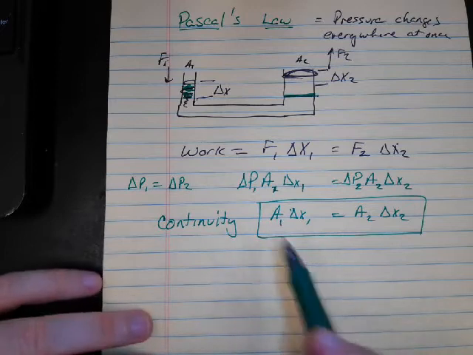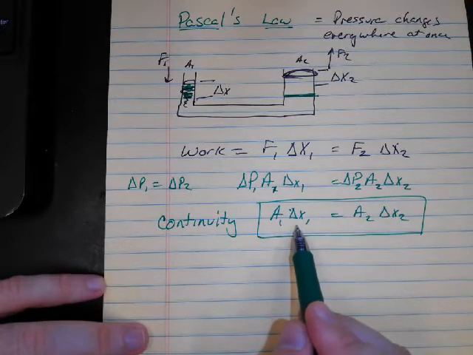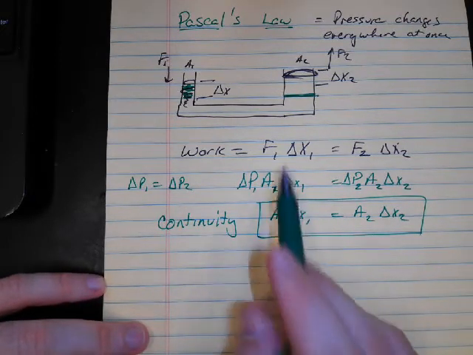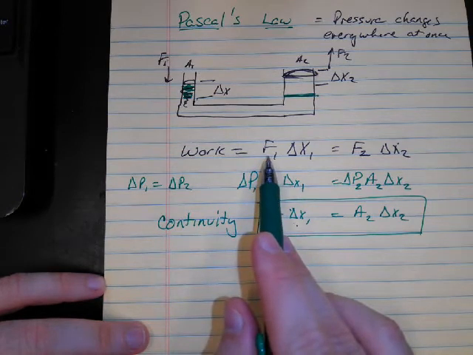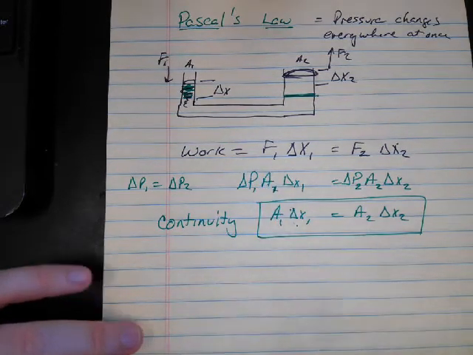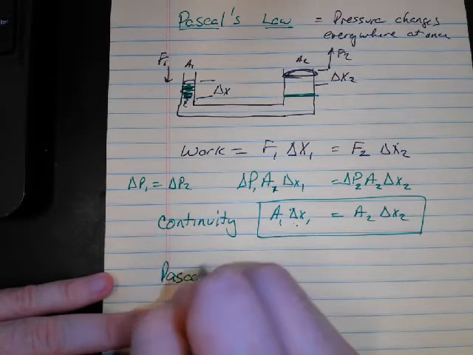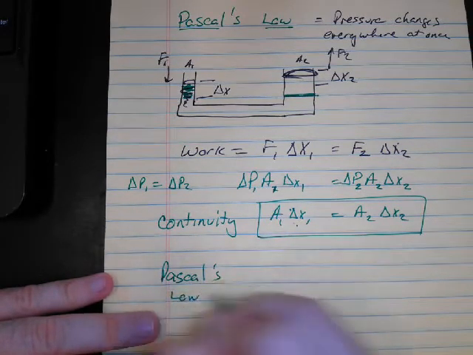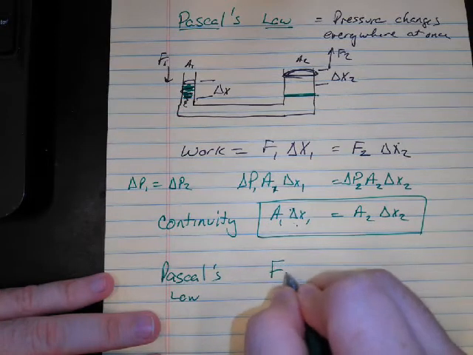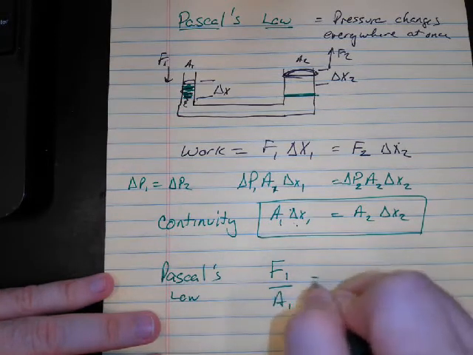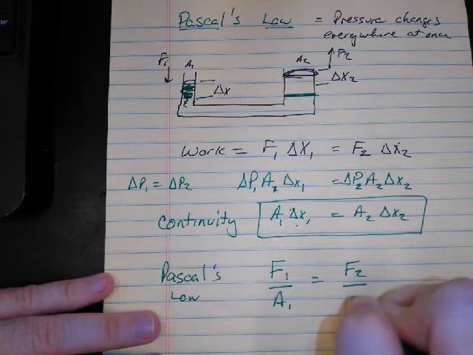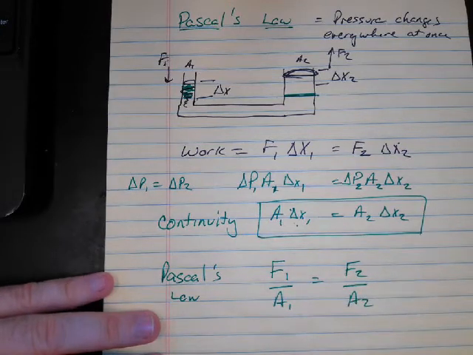So we can rearrange this one more time and note that X1 here is really the work divided by the force. And I'm going to rearrange it. So this is Pascal's law: the force divided by the area has to equal the force divided by the area there.